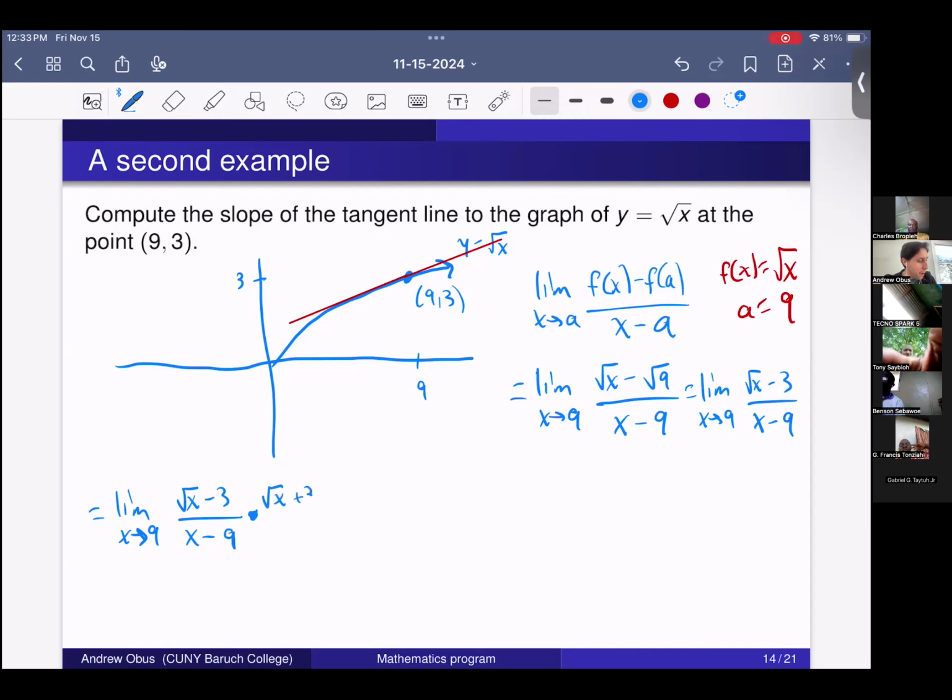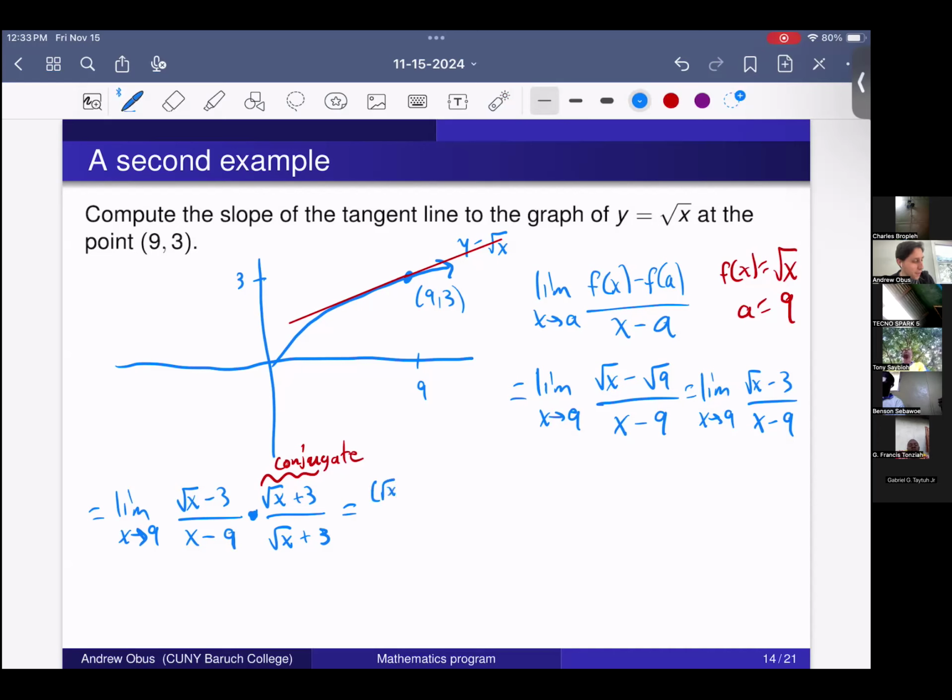Exactly. We multiply by the conjugate, the root of x plus 3 over the root of x plus 3. This is fine, we can always multiply by 1. Remember, this here is called the conjugate. In the numerator we have something of the form a minus b times a plus b, so the result is a squared minus b squared.